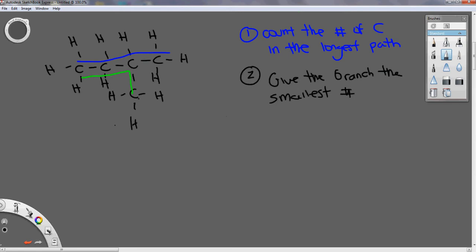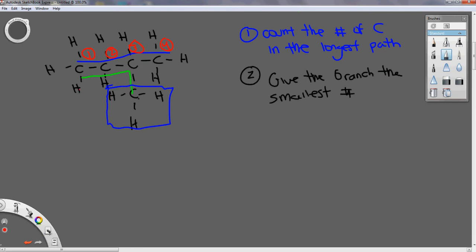Alright, so what do I mean? So as we see, let's go based off the blue path. We have a branch right here. So let's count and say, alright, from the left. So we count 1, 2, 3, 4.